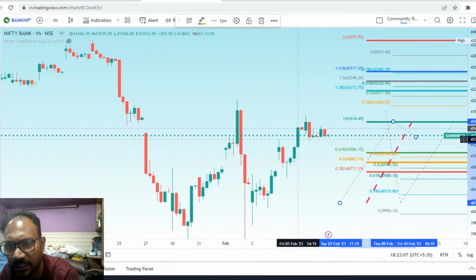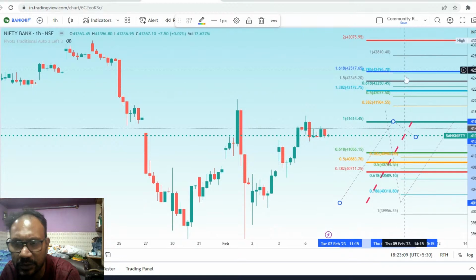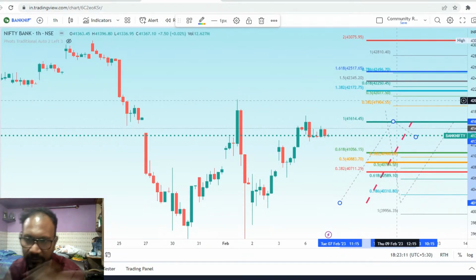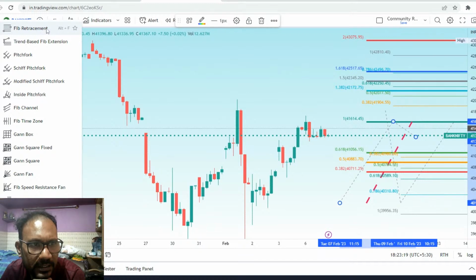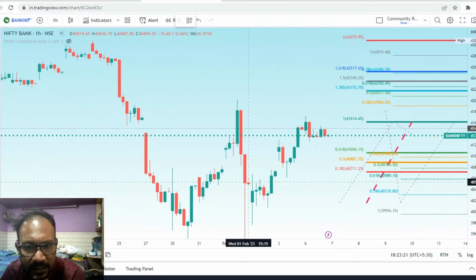So we are just looking at where most of the lines coincide, where they collaborate. That's the main part we are trying to figure out. I'm also going with the retracement tool again.